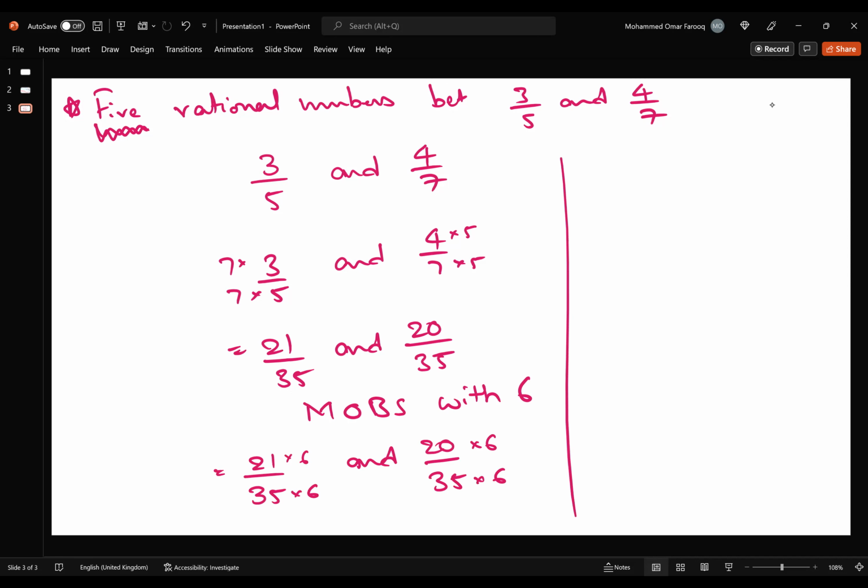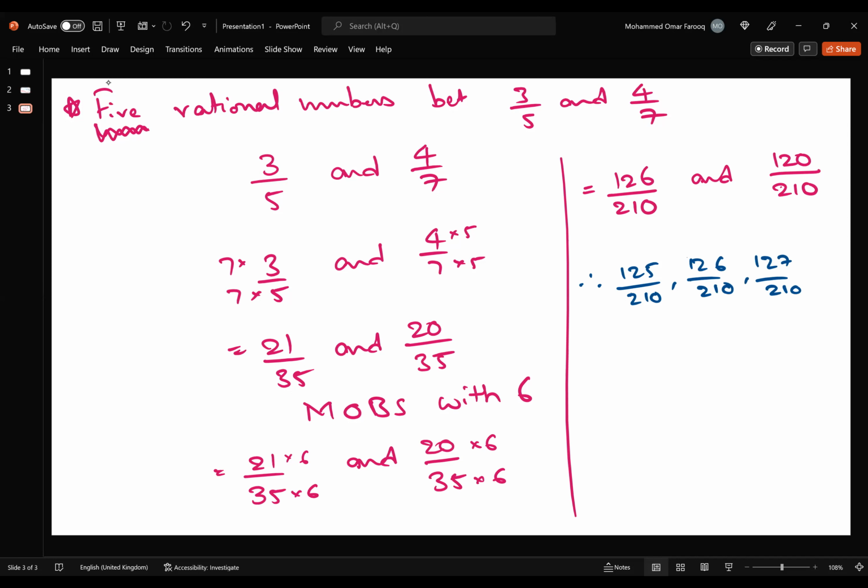So what you get? 21 into 6 is 126 by 210, and 20 into 6 is 120 by 210. So therefore, what are the numbers which are in between them? 125 by 210, 124 by 210, 123 by 210, 122 by 210, 121 by 210.